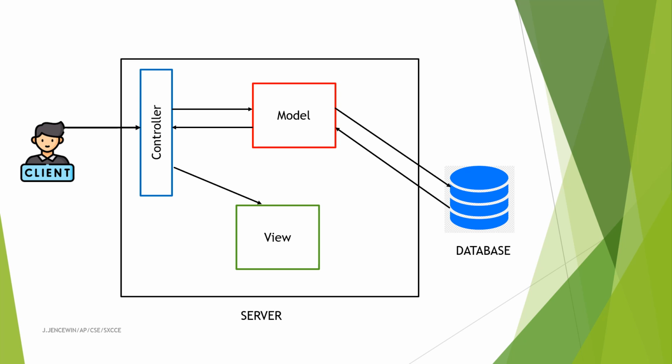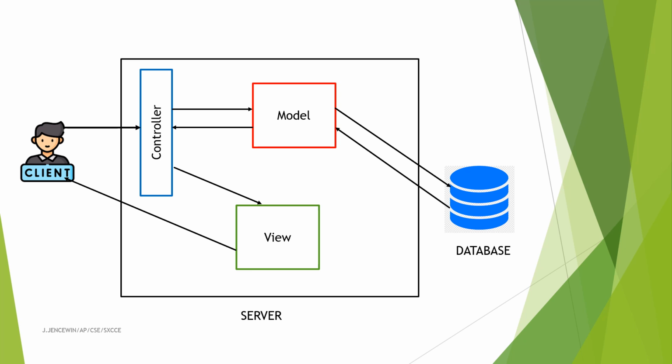Here the view component will render the data and generate the final view. So the work of the view component is to get the raw data as input from the controller and create the view or the result that is understandable by the end user, and it sends the result back to the client. So this is the basic MVC architecture.